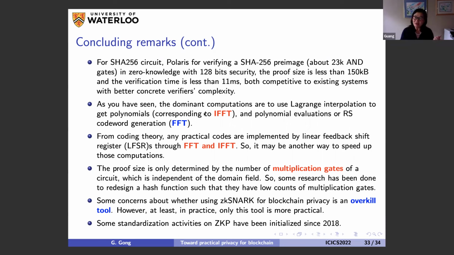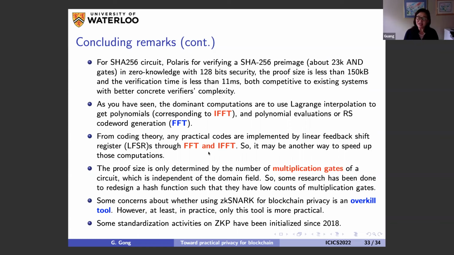Okay. Also, you can see the entire computation is doing polynomial evaluations or running Lagrange interpolation to get polynomials. These two operations, Lagrange interpolation corresponds to the inverse fast Fourier transform, and polynomial evaluation corresponds to the fast Fourier transform. In coding theory, usually we implement those with a linear feedback shift register.